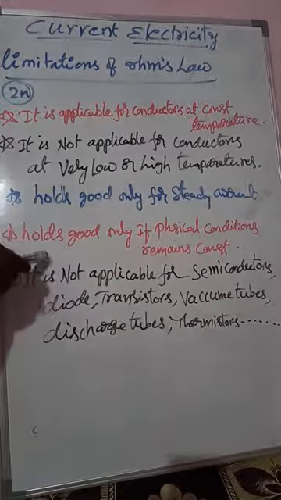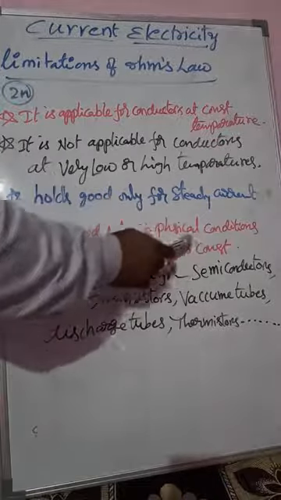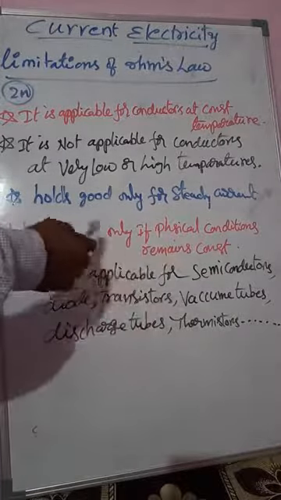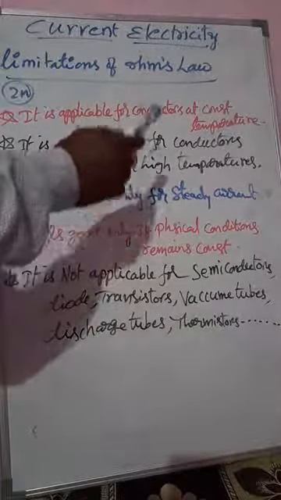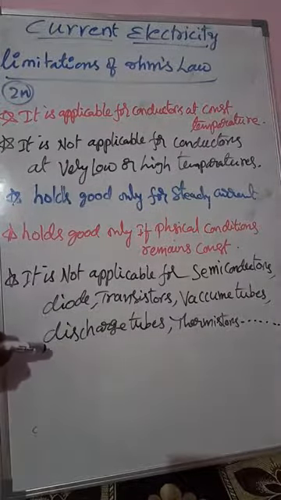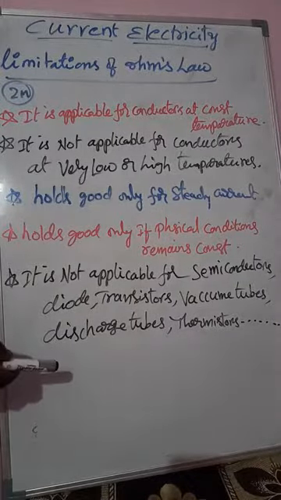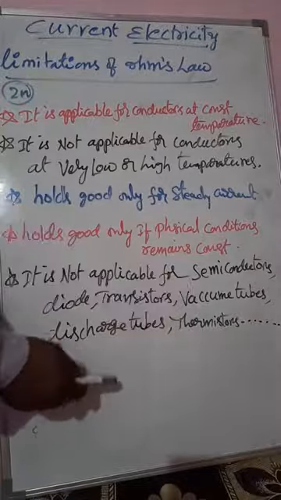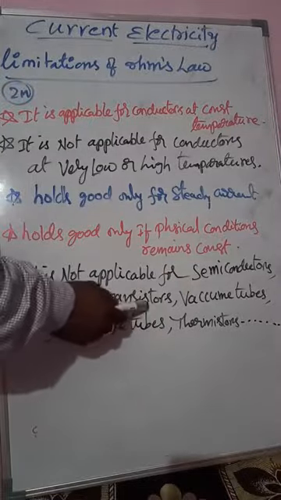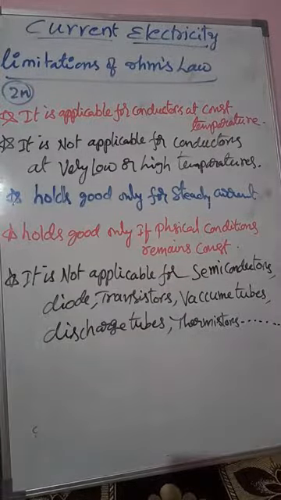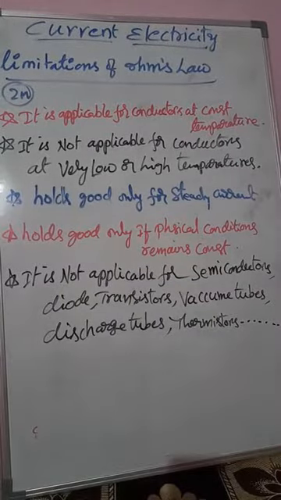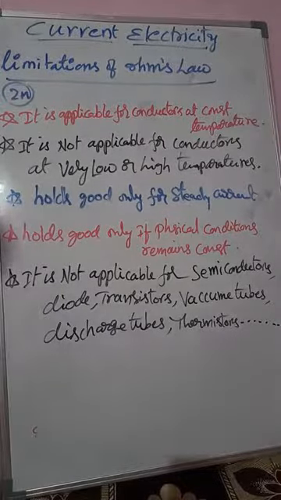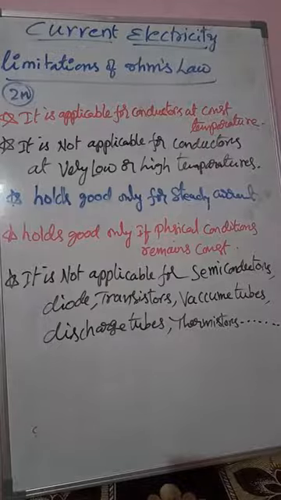Clear? It holds good if physical conditions remain constant. If other physical conditions remain constant, then only Ohm's law will be obeyed. Which do not obey? Already we discussed: semiconductors, diodes, transistors, vacuum tubes, discharge tubes, thermistor, and so on. These are all limitations of Ohm's law.